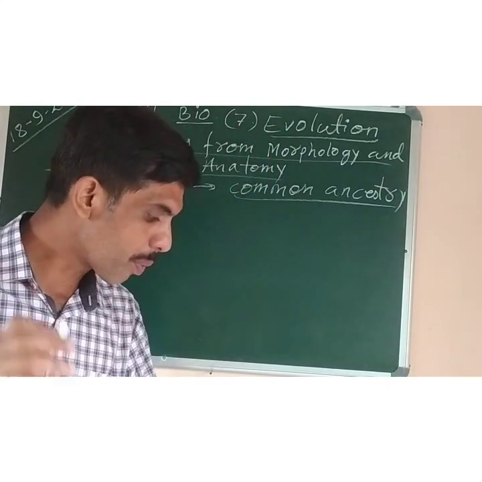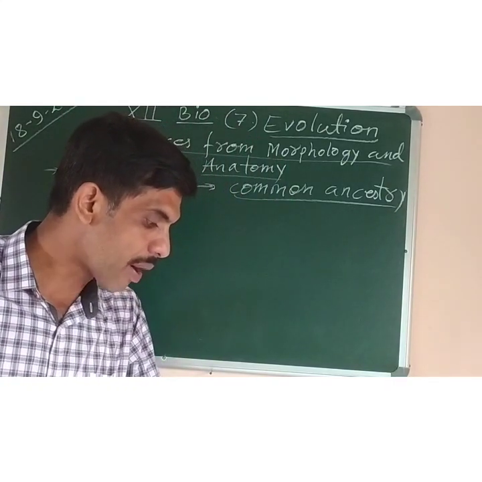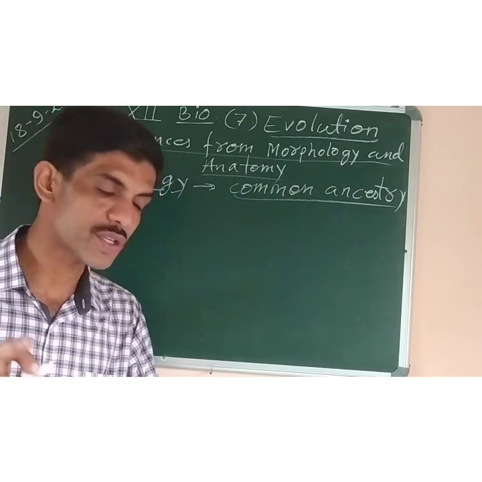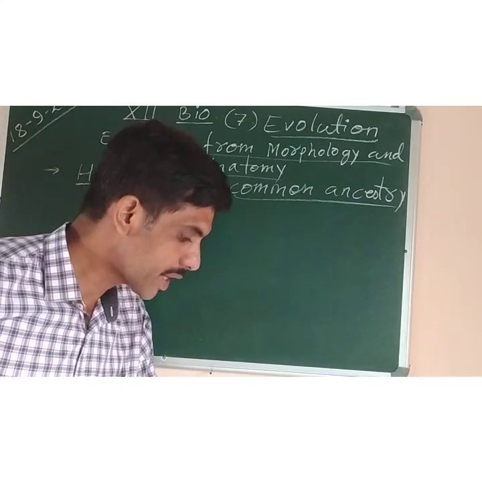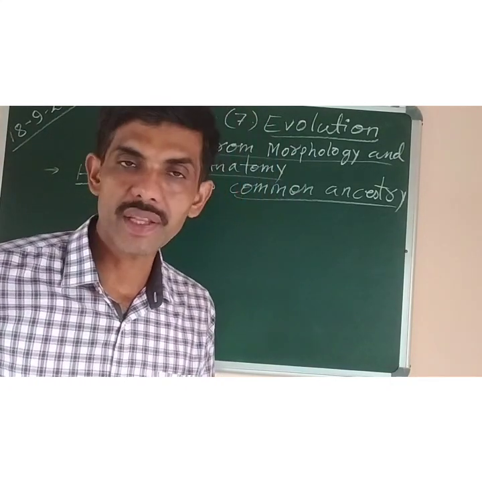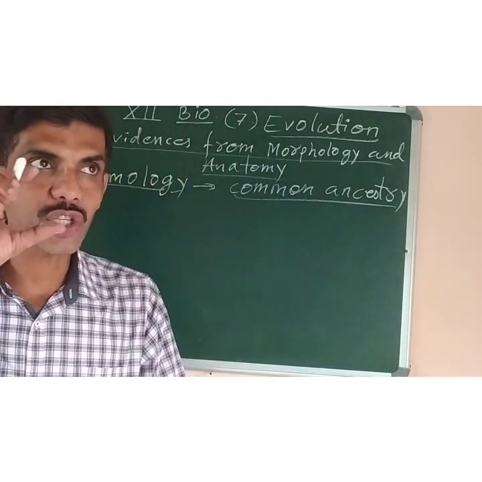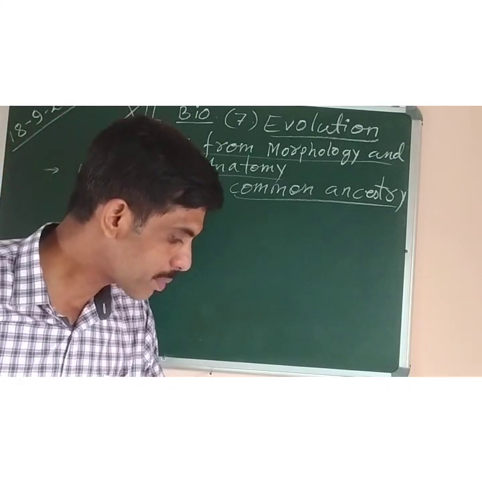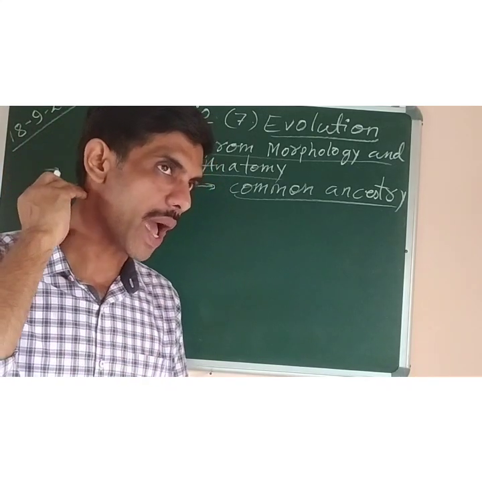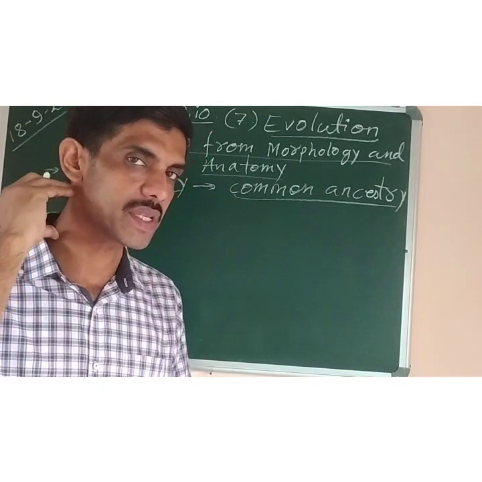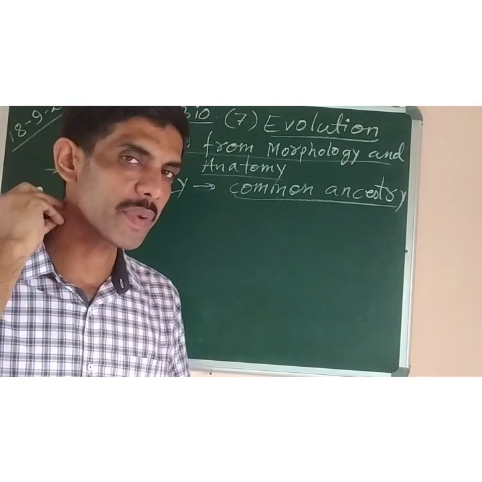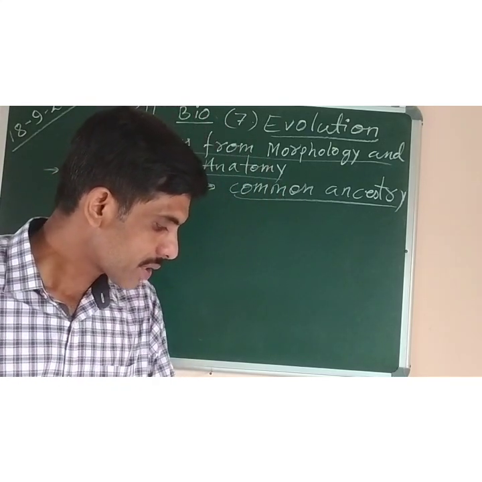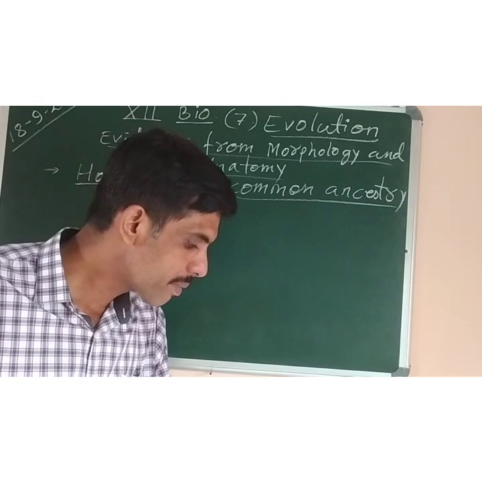Now next, homologies are also found in the systems of different vertebrates. Like all vertebrates from fishes to man have a vertebral column, that is the backbone, which consists of many small vertebrae, that is 33 small vertebrae are present in our body. Similarly, all the mammals have 7 cervical vertebrae, means in the neck region the number of vertebrae present is 7, and it is common in all the mammals.